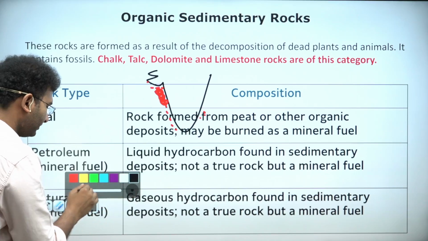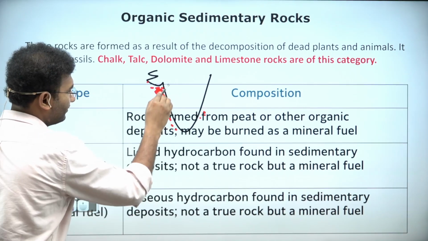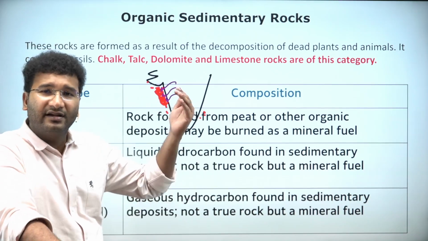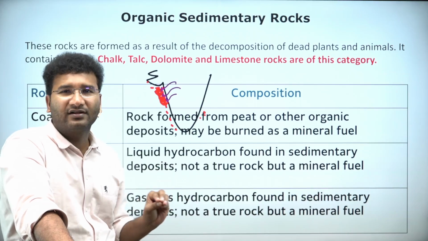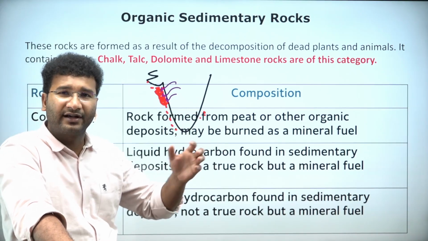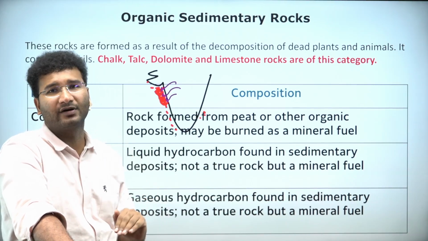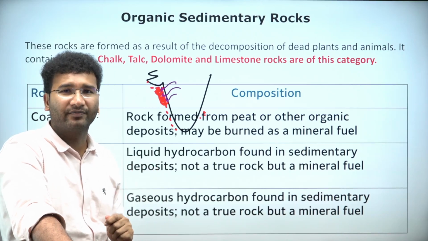Within the sea you will come across rivers which are moving in this direction and they deposit large scales of organic matter, and finally this river will also bring in some kind of sediments and the sediments will be buried. Once the sediments are buried, over a period of time it will turn into a rock, right?